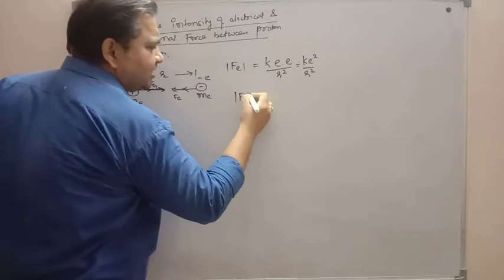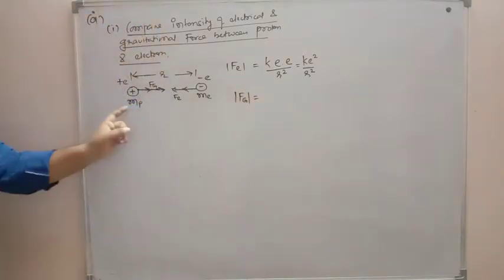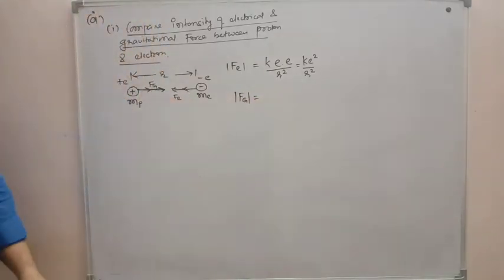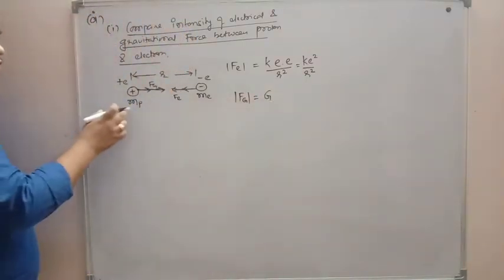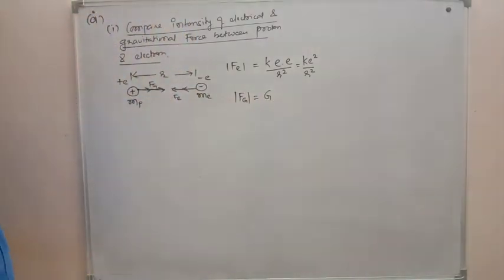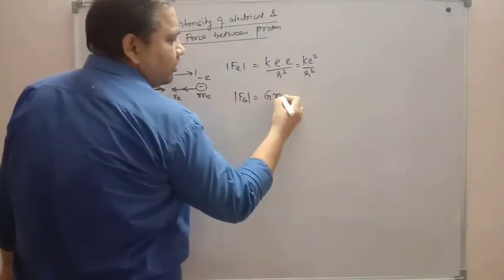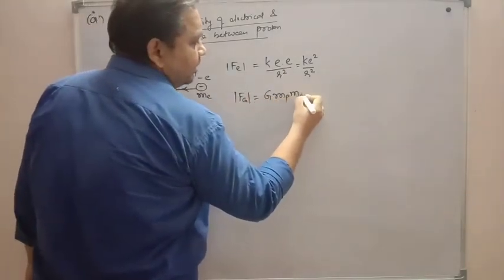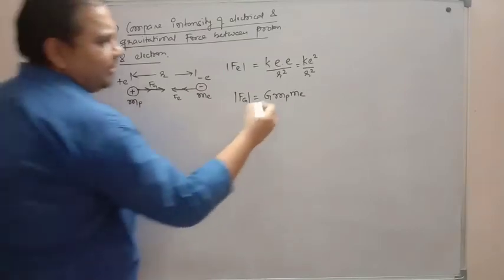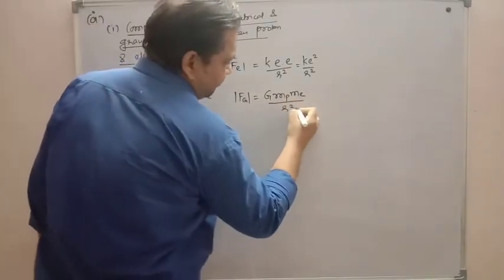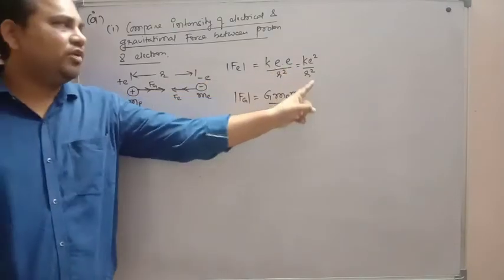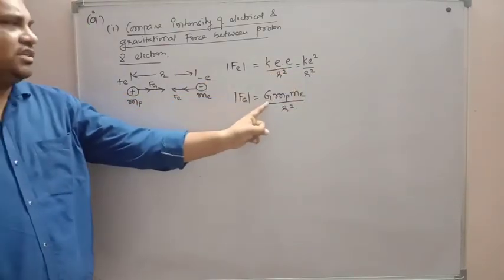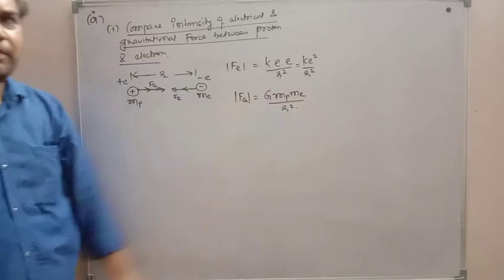And the gravitational force between these two particles is given as G, the universal constant of gravitation, into mass of proton mp, mass of electron me, divided by r square.